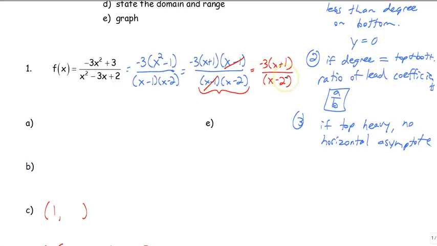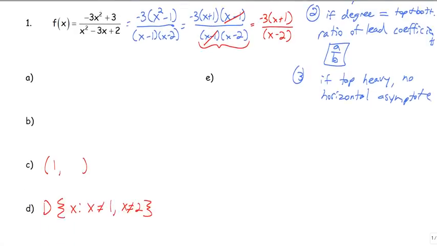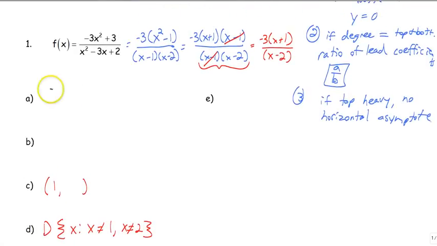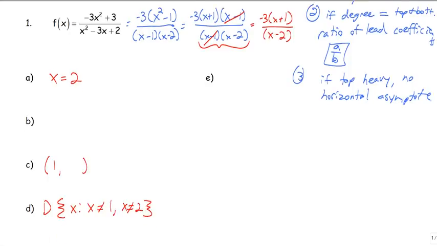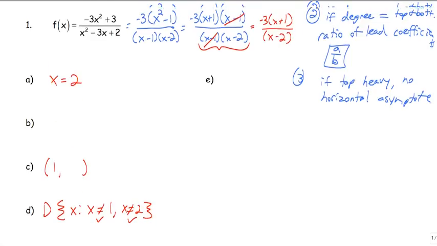Well, the vertical asymptote is the domain restriction that's left over. So we already used x equals 1, so the vertical asymptote would be x equals 2. That's where it's undefined. As we look at our domain restrictions, we have now used x equals 1 and 2. 1 for the hole, 2 for the vertical asymptote.